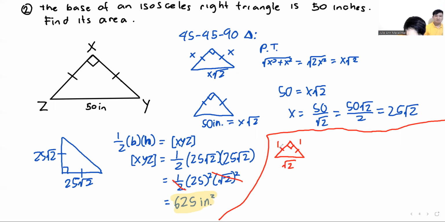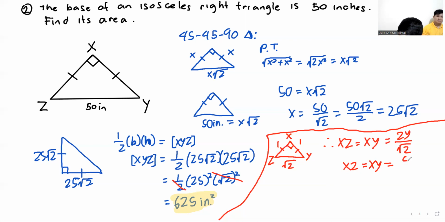So XYZ. Therefore XZ equals XY is equal to ZY over square root of 2, so XY is equal to 50 over square root of 2. And like earlier, this will lead us to 25 square root of 2.